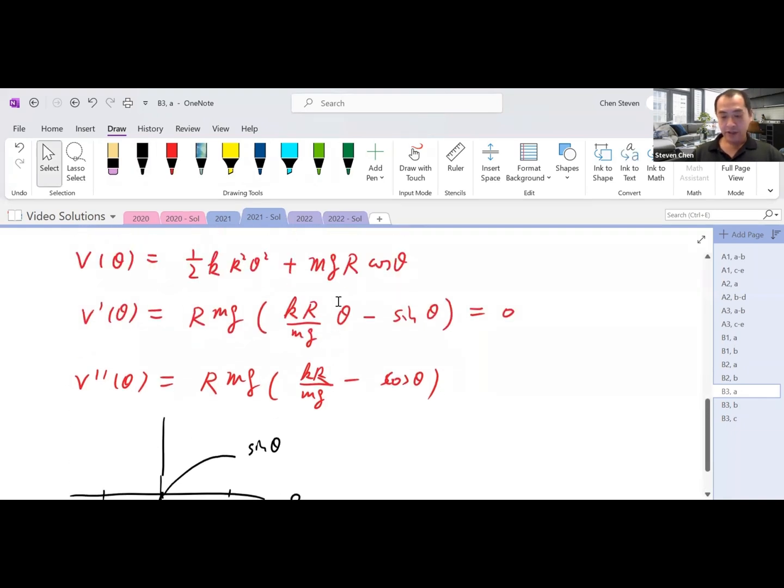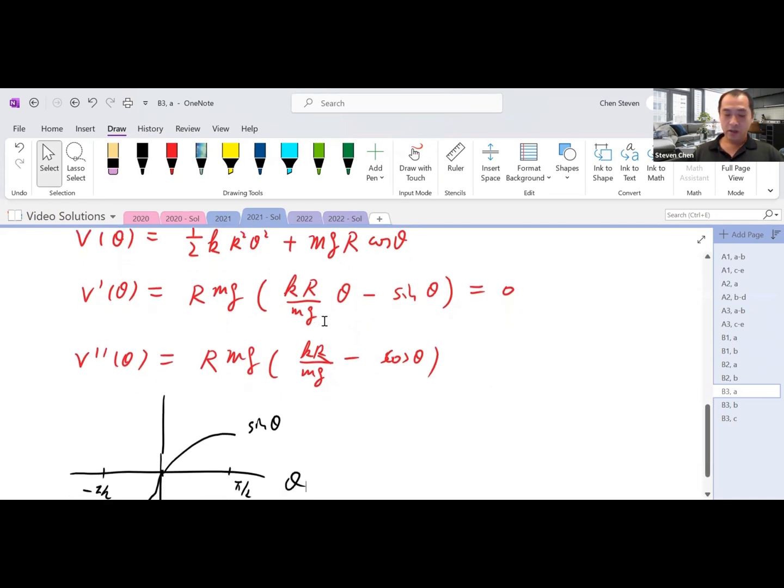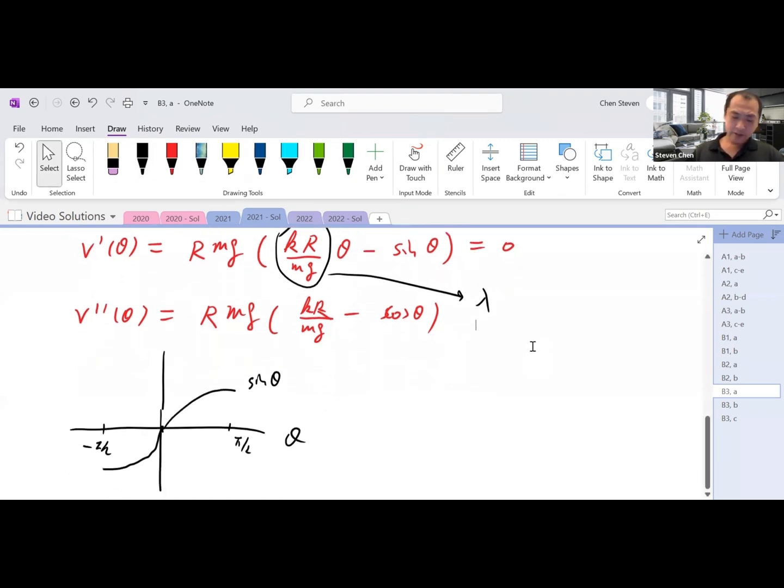And then we have another function that is the linear function of theta, right? So the slope is this one. But you know the slope is very complicated, right? So to avoid complicating my analysis, let me just call it, say, lambda. Okay, so what is lambda theta? First, we always know that it passes through the origin, right?